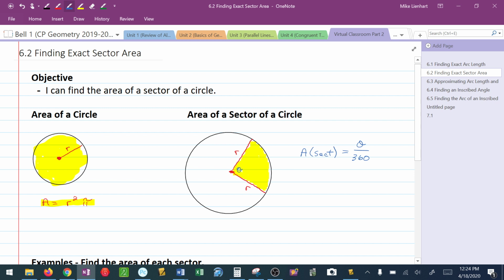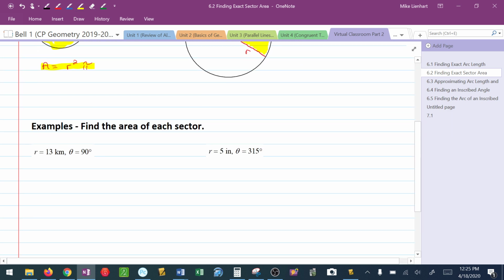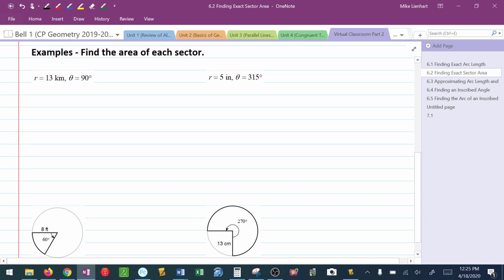Again, that's going to give us the fractional part, times r squared pi. This is the formula that we're going to use today to find the area of a sector of a circle. Now, believe it or not, there are a few more formulas. We're just going to focus on this one, and the reason being, this is the easiest out of the other ones that are coming to mind right now.